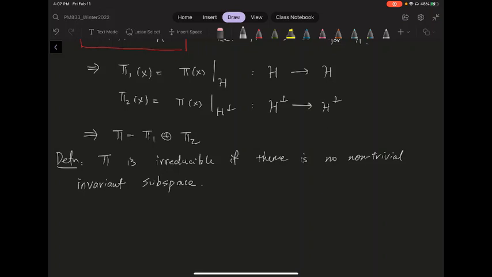In other words, your pi cannot be decomposed as a direct sum of two sub-representations. So this is the definition of irreducible. And of course, if it's not irreducible, we call it reducible. Whenever you're reducible, it's actually a direct sum of sub-representations.